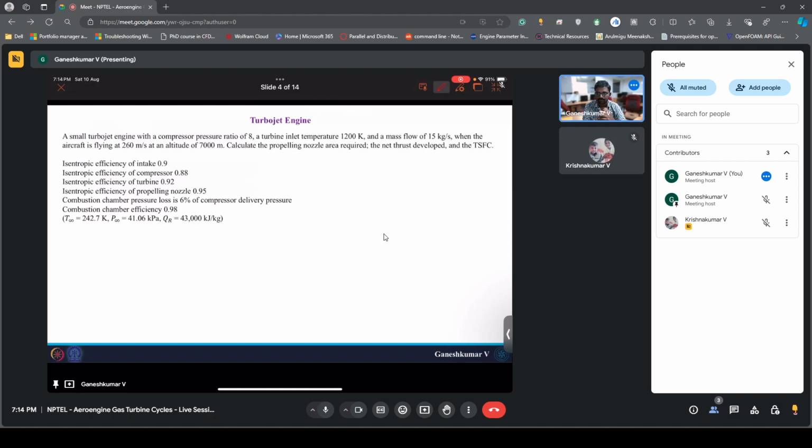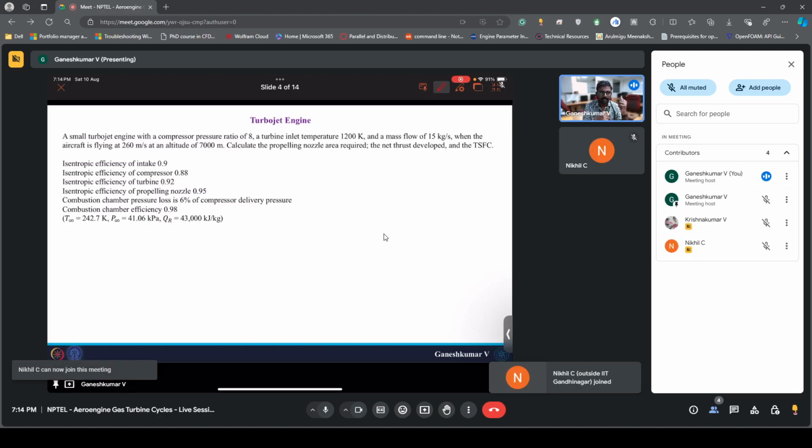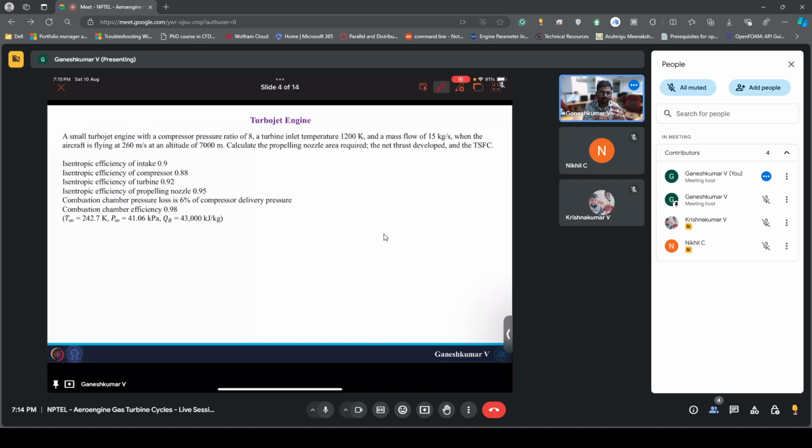At an altitude of 700 meters, T infinity is 242.7 Kelvin and P infinity is 41.06 kilopascal, and the heating value of the fuel that we are using, for the heat added in the combustion chamber, is 43,000 kilojoules per kg. Okay, so let's quickly note down the given.